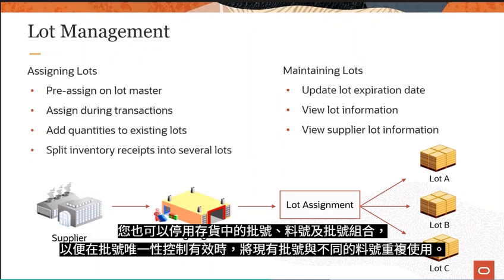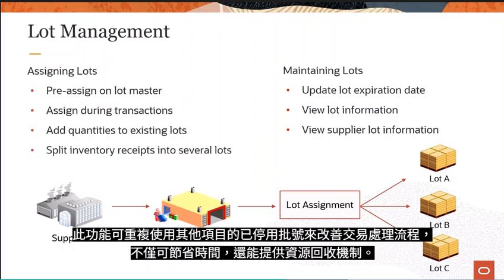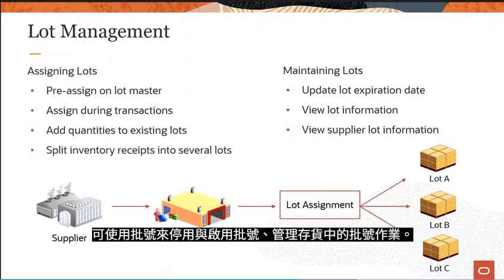You can also disable a lot in inventory, or an item and lot combination, so that the existing lot number can be reused with a different item when lot uniqueness control is active. This feature improves transaction processing by reusing disabled lots for other items, can save time, and provides a mechanism to recycle those.